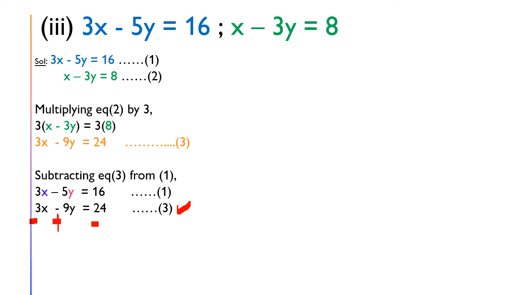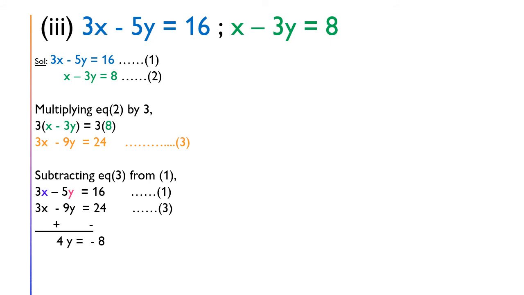The signs of the second equation change since we are subtracting. So 3x and minus 3x get cancelled, minus 9y became plus 9y, and positive 24 became minus 24.